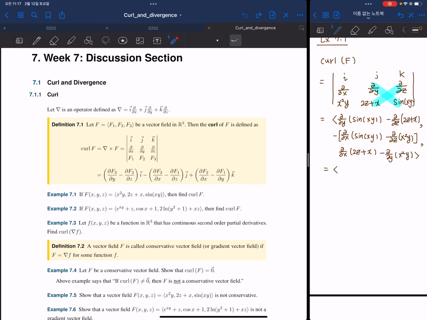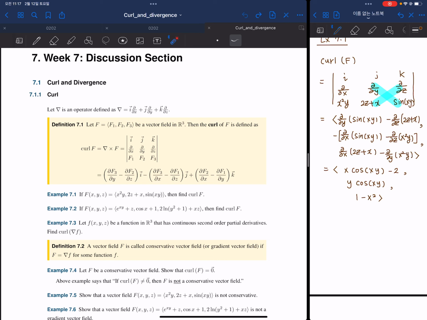Okay, so if I calculate the first coordinate, then you can see that it's just cosine xy, and then you have x, and then here minus 2. And then the second coordinate is cosine xy, and then you have y here, and just a 0. The last coordinate, you have 1 minus x squared.